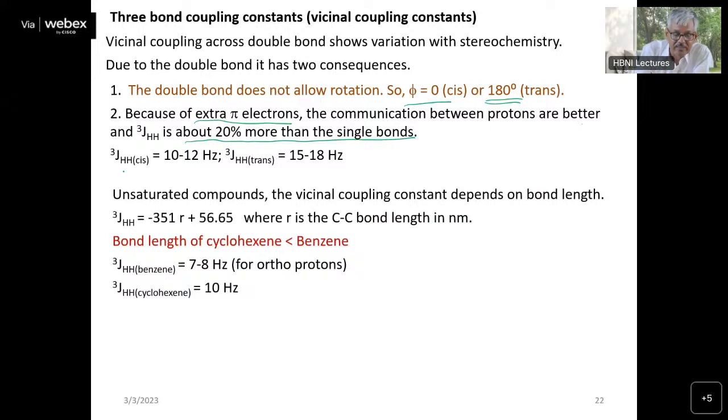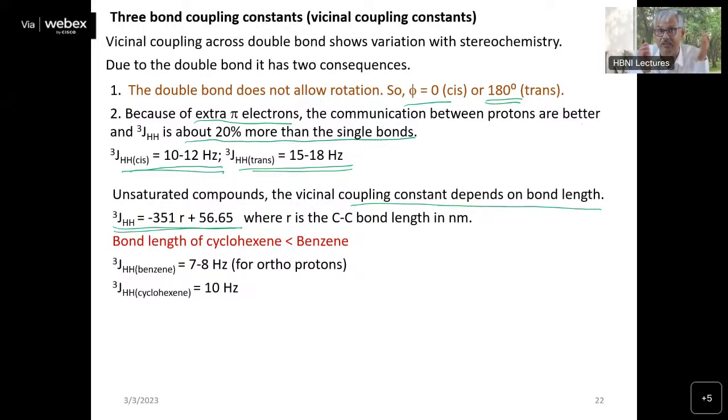The J cis is about 10 to 12 hertz, whereas in saturated systems it was 11 hertz. In trans it is 15 to 18 hertz, whereas it was 13 hertz. So there is an increase because the pi bond is making better communication between the two nuclei. It is not only the lobes, but also the pi bonds. There is a general formula or trend that has been observed, like your Karplus equation, that in unsaturated compounds the vicinal coupling constant depends on the bond length.